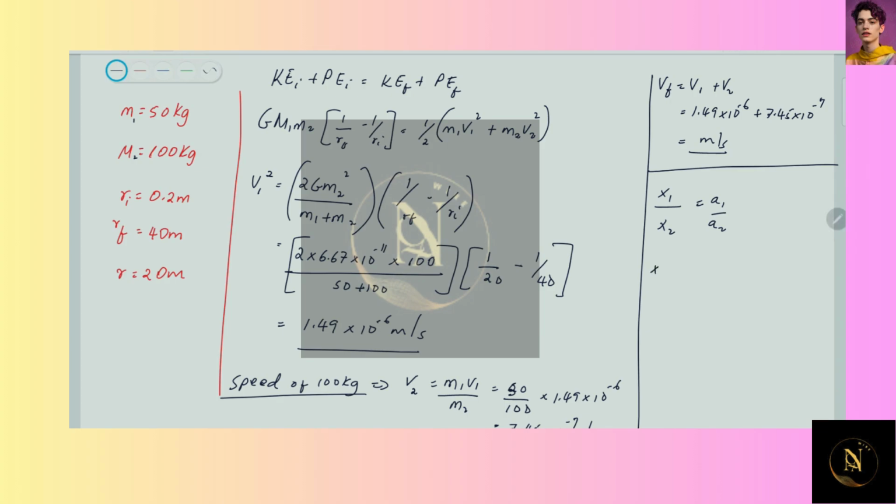That is an assumption you can make here. And if you proceed and solve it, you can get the point of contact in terms of R.